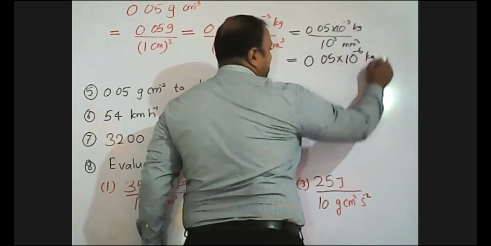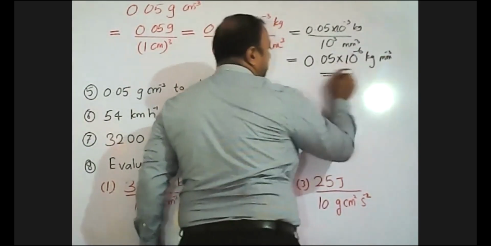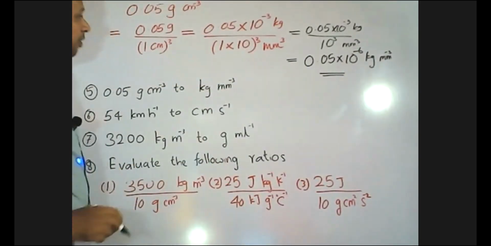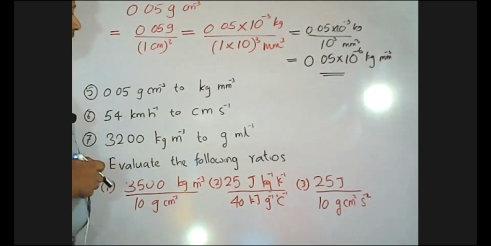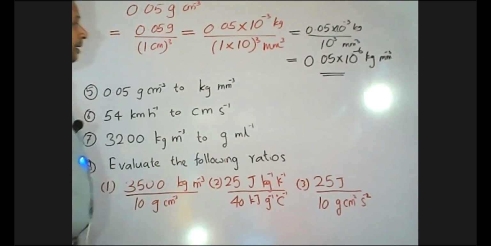That is 0.05 into 10 to the power minus 6 kilogram per millimeter cube.